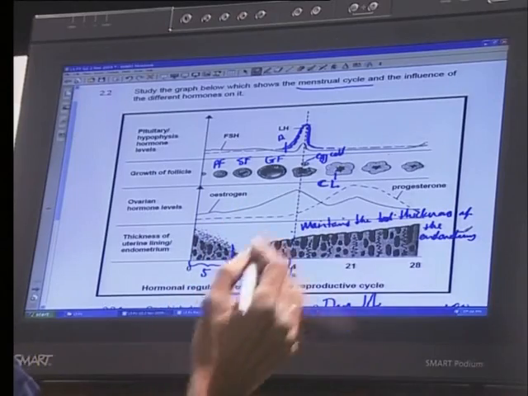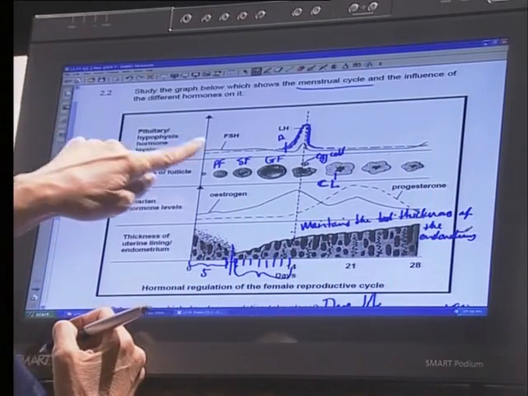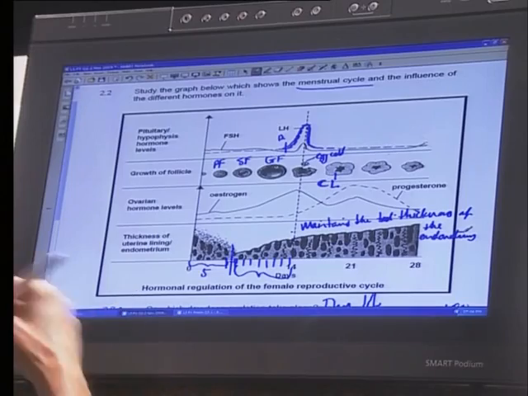You follow? But the other big function of progesterone is that it stops your follicle-stimulating hormone from coming about if pregnancy occurs. So if fertilization occurs and implantation occurs, it is your progesterone that's going to inhibit the release of follicle-stimulating hormone. Because remember, what does follicle-stimulating hormone do?